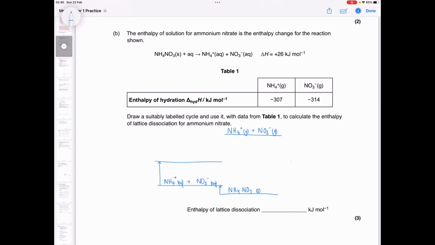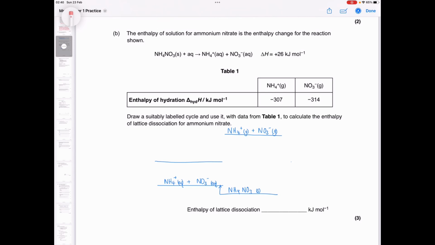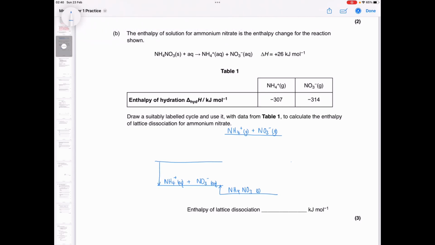And then we're going to hydrate, so I'll draw my arrow back to front. Enthalpy change of hydration is the NH4+ gaseous down to aqueous, and then this one is the NO3- gaseous to NO3- aqueous.